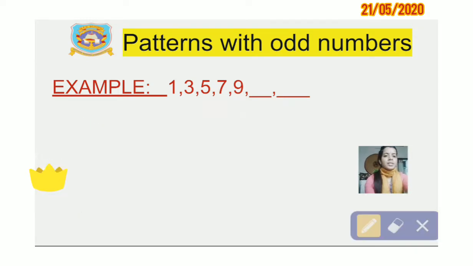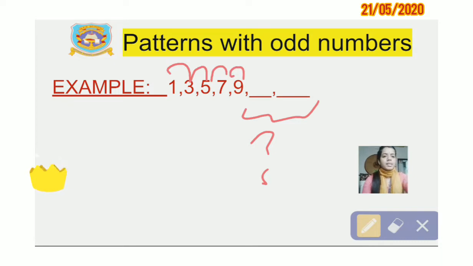Here the pattern is 1, 3, 5, 7, 9, and we have to find the next two terms in the given pattern. Alright, so observe the given pattern, dear children. In the given pattern, the first term is 1, the second term is 3, the third term is 5, the fourth term is 7, the fifth term is 9.